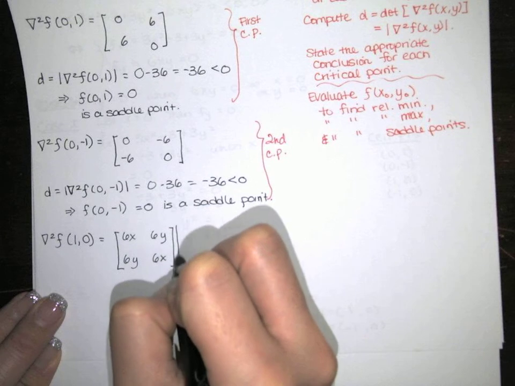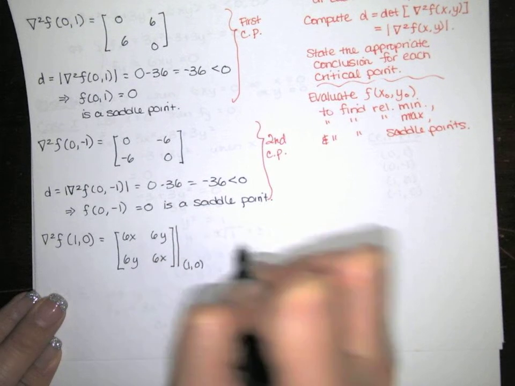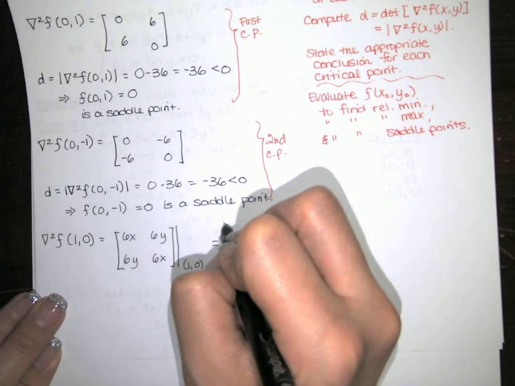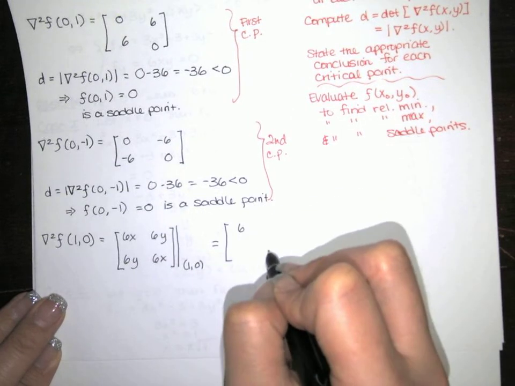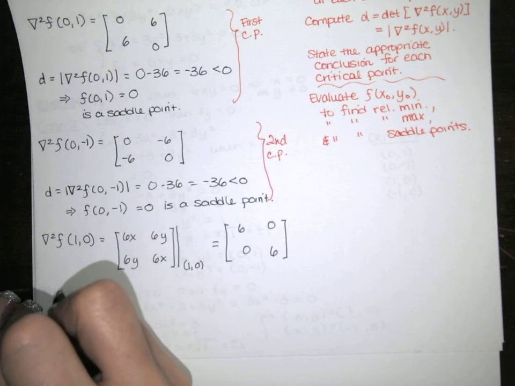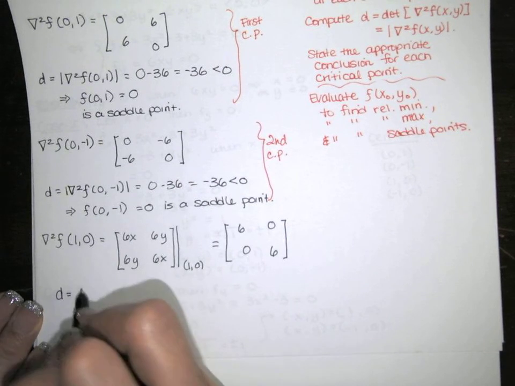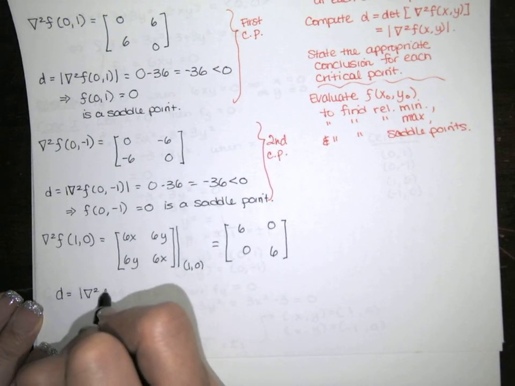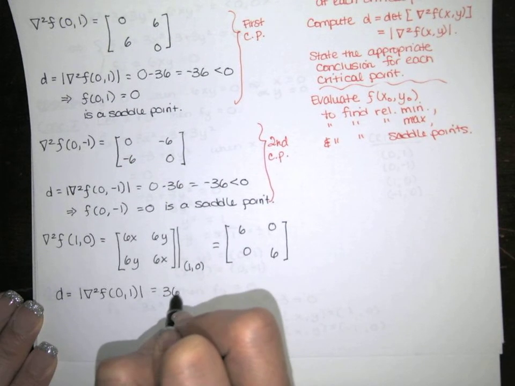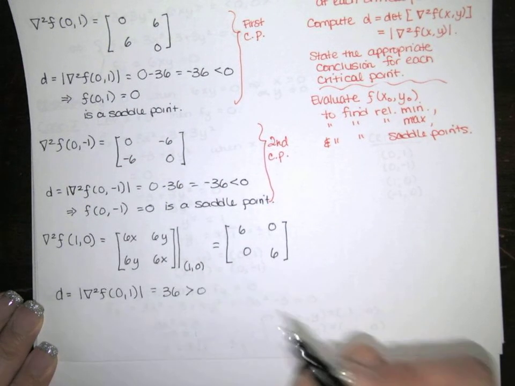We're taking this matrix and we're evaluating it at x equals 1, y equals 0. So we'll have 6 there and 6 there, 0 there and 0 there. So the determinant of this is 36 minus 0, which is positive.